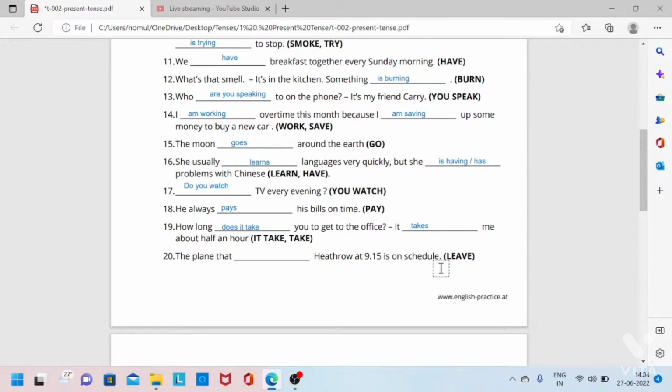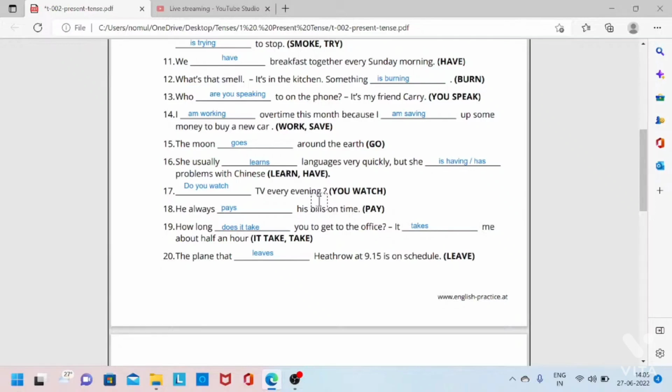So here already the verb is mentioned, leave. It's easy that we have to add es. Leaves. The plane that leaves at 9:15. Okay, this is a sentence.